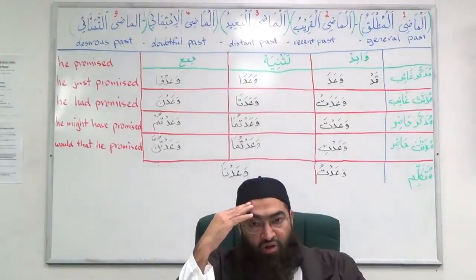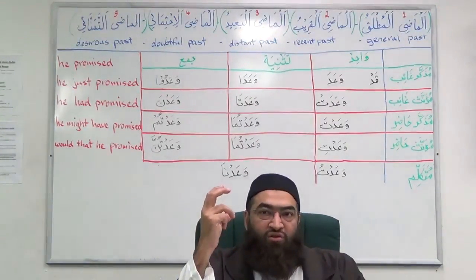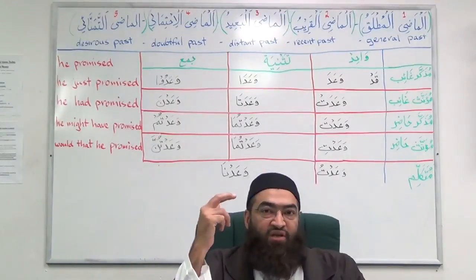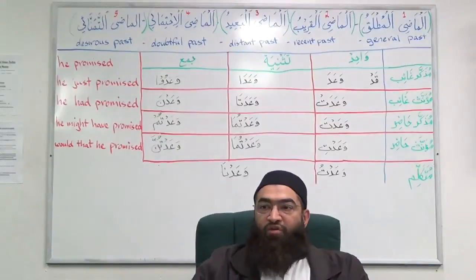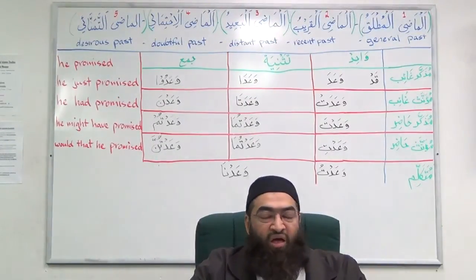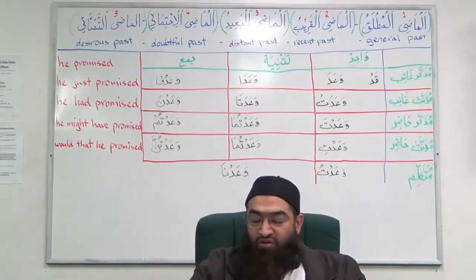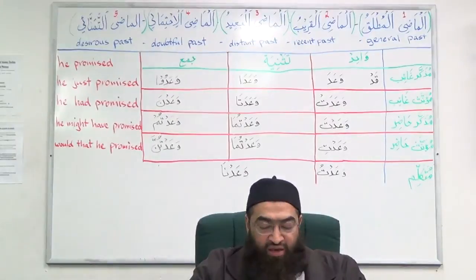And then, let's say, dhuriba. Daraba means he hit. Dhuriba means he got hit. So if you put a mim alif before daraba, ma daraba, he did not hit. Ma dhuriba, he did not get hit. So placing the ma will negate it.